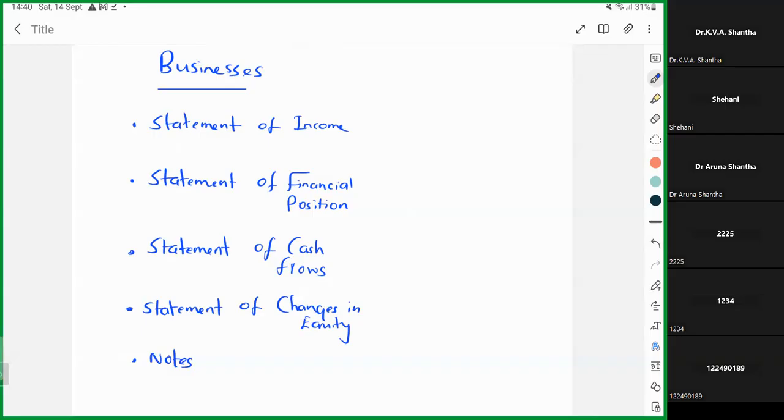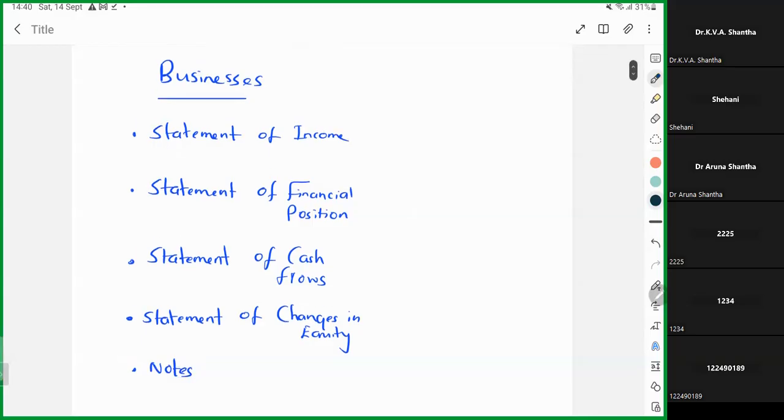Right. Let's see the financial statements of not-for-profit organizations. Like the statement of income, in which you record income and expenses, similarly, these organizations prepare a statement of income and expenditure, or simply an income and expenditure account.